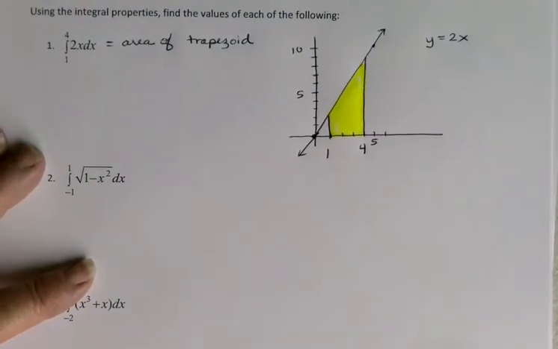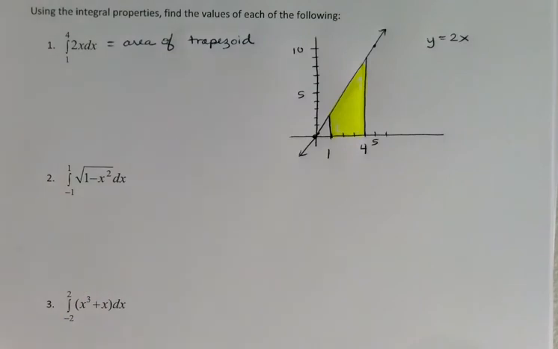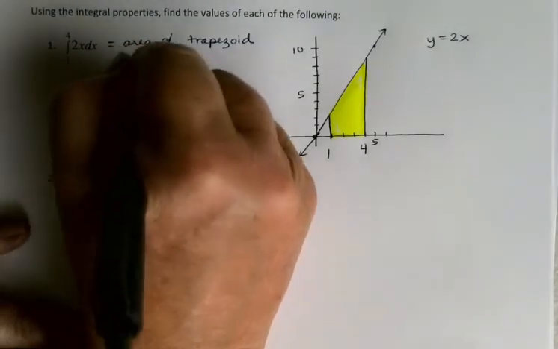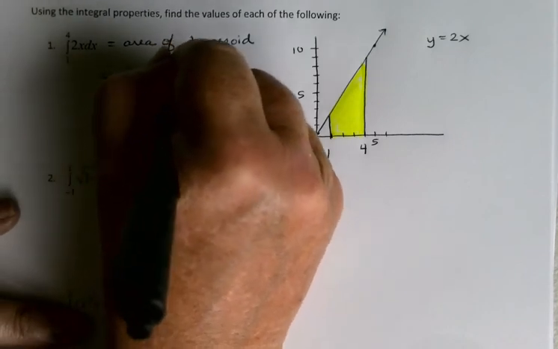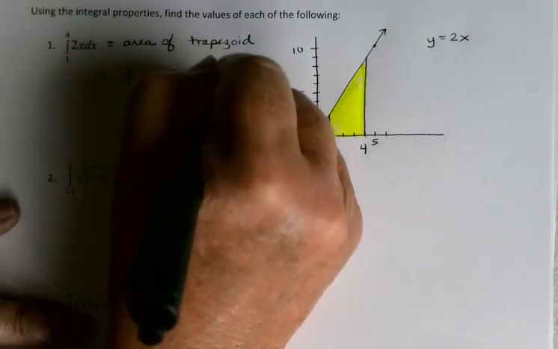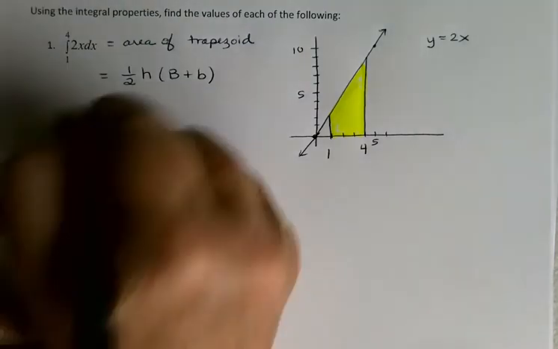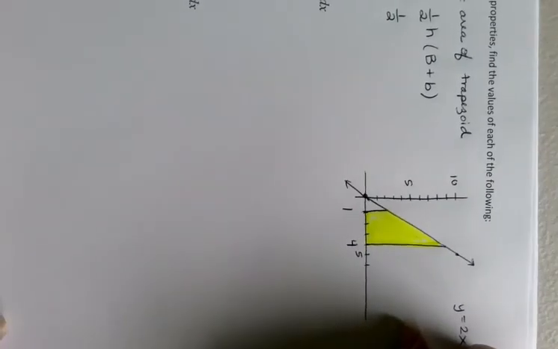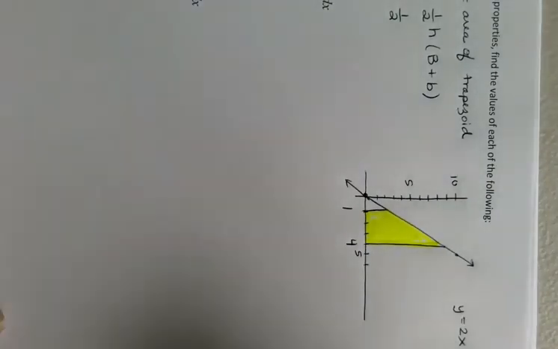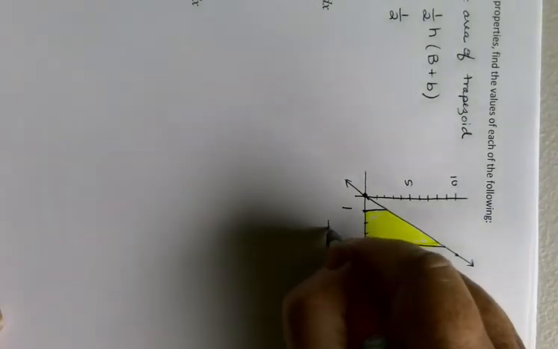And again, you can either remember or you can look it up on your list of formulas. The area of a trapezoid is 1/2 times the height times the sum of the bases. And again, it might help us if we think about it this way. The height of this trapezoid here is 3.